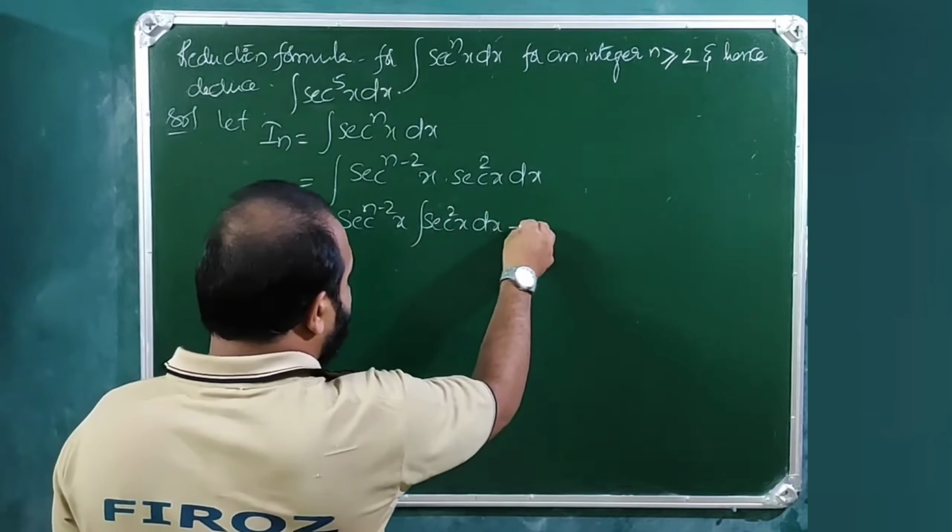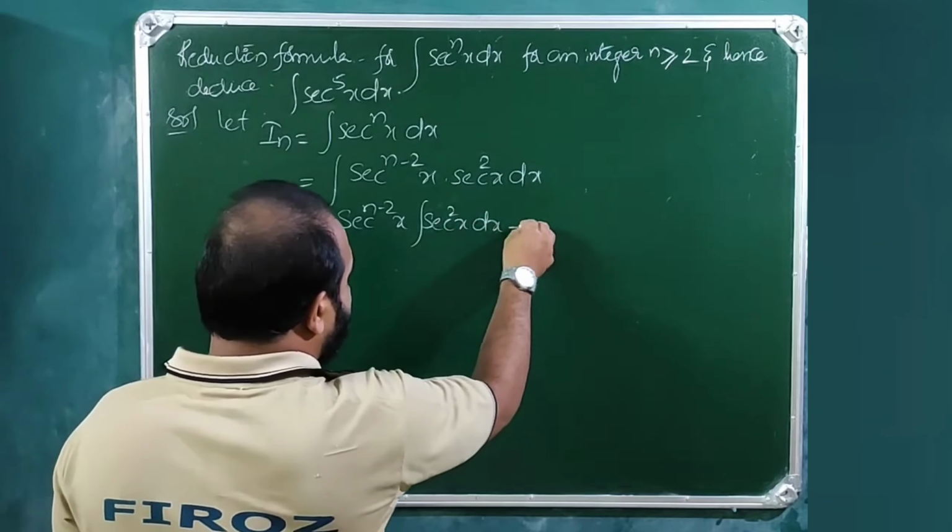I n with n value 3. So let us substitute 3 in the place of n. 3 minus 2 is 1. So secant x into tan x by 3 minus 1, which is 2, plus 3 minus 2 is 1 by 3 minus 1 is 2 I 1.